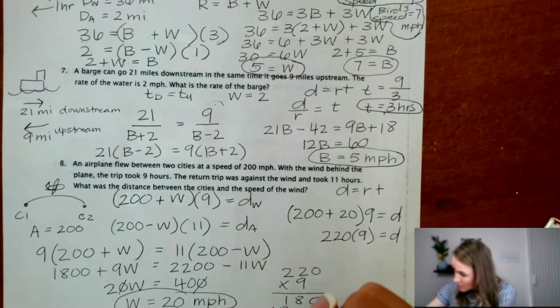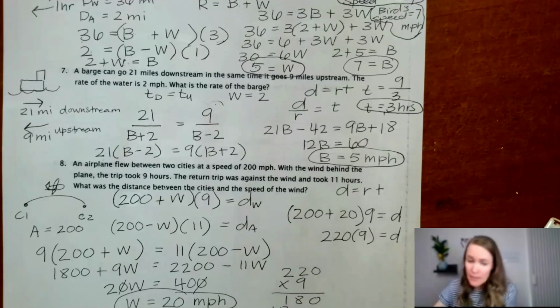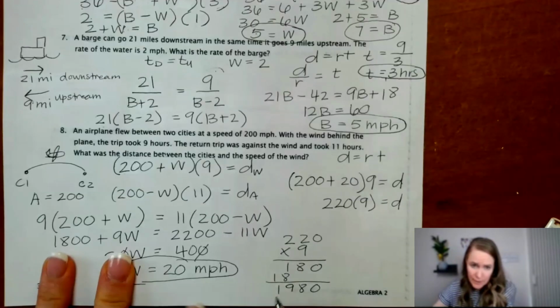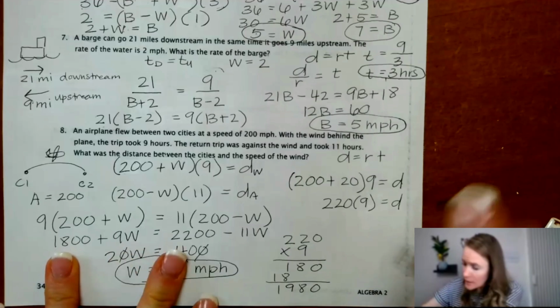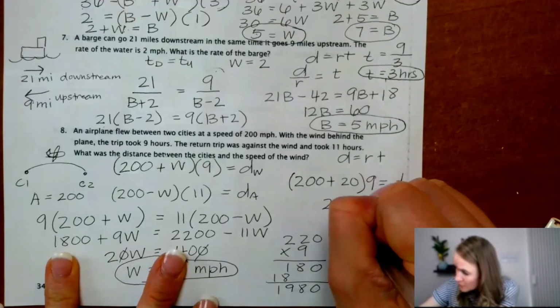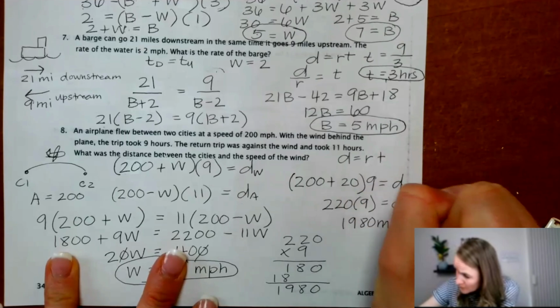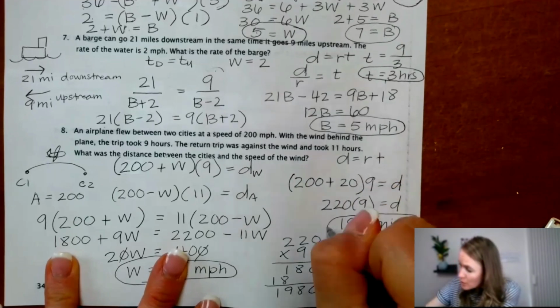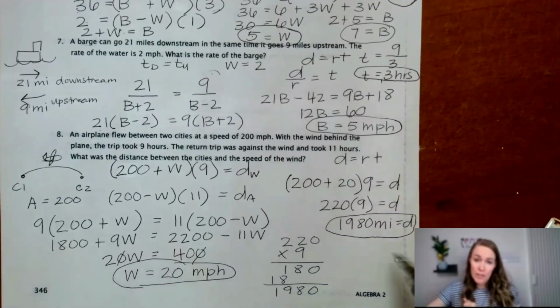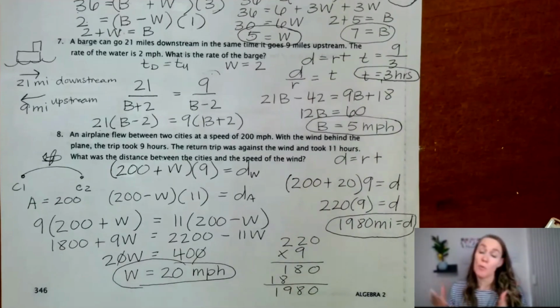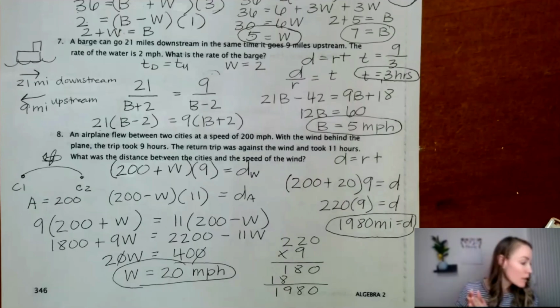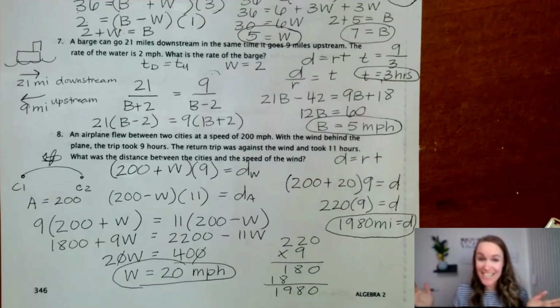You can't see what I'm writing, but that's 1,980. So 1,980 miles. Include those units so that your teacher knows you're not talking about $1,980, it's miles. Okay, and that is it. That's what we want to know.